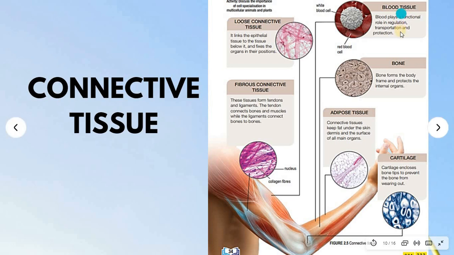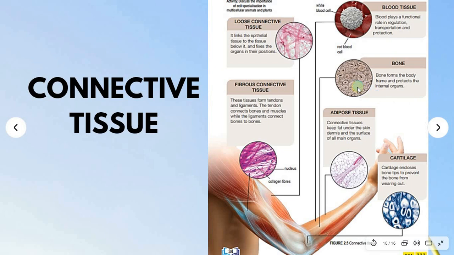And then blood tissue. White blood cells and red blood cells are connective tissue. They play an important role in transportation, regulation, and also protection of the body. Another example of connective tissue is bone. Bones form the body frame and protect the internal organs.